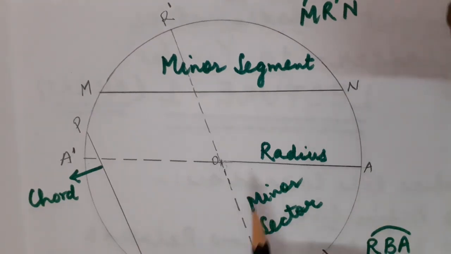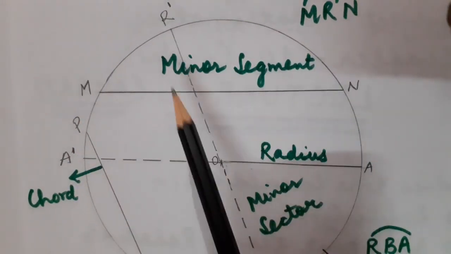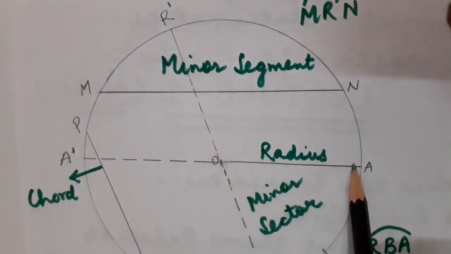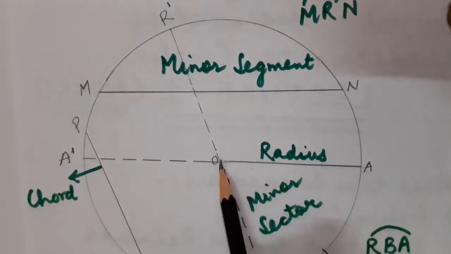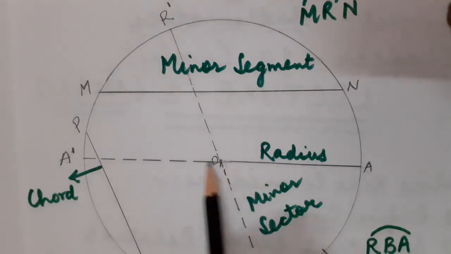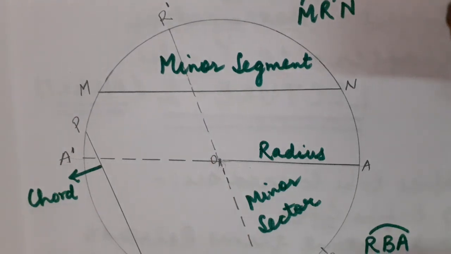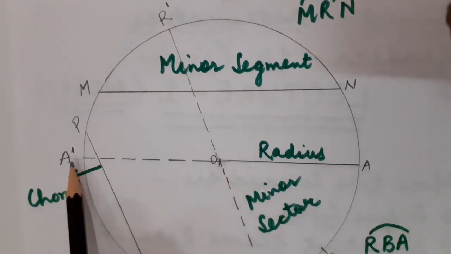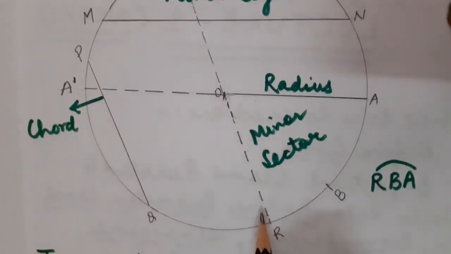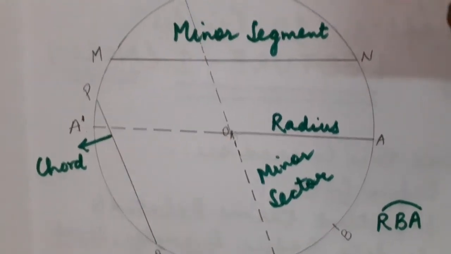I repeat, a circle is a collection of all the points in a plane which are at a constant distance from a fixed point, and that fixed point is known as the center of the circle. Fine, children? And those constant distances are basically known as the radii of the circle. Correct, students? Here you can see OA, OA dash, OR dash, OR, they all are the radii of the circle.